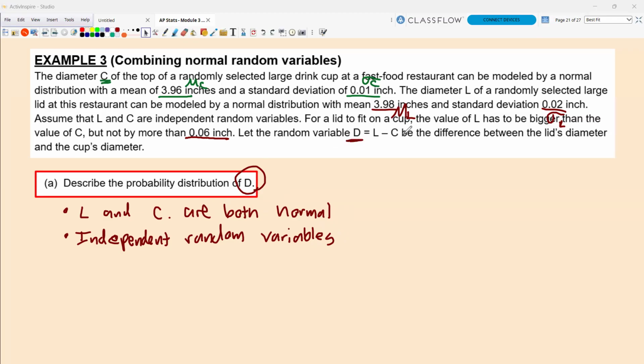So when we combine two random variables, whether we're adding them or subtracting them or doing any sort of scalar multiplication, the combined random variable will be normal if the other two are normal, as long as they are independent of each other. So this independence is important. Knowing that information, we can now say it is a normally distributed probability distribution. So D is normally distributed.